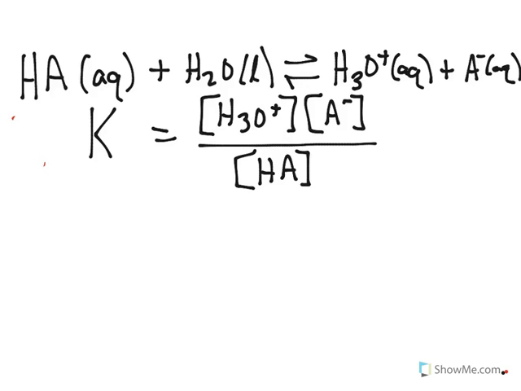So this is the equilibrium expression here for a generic acid reaction at equilibrium. Because of that, we're going to call this Ka, yet another example of K.